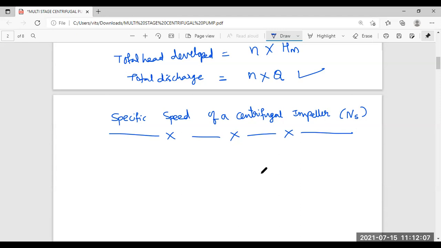This is also another performance parameter, that is specific speed of a centrifugal pump.